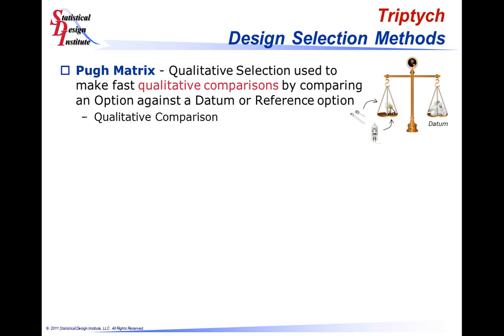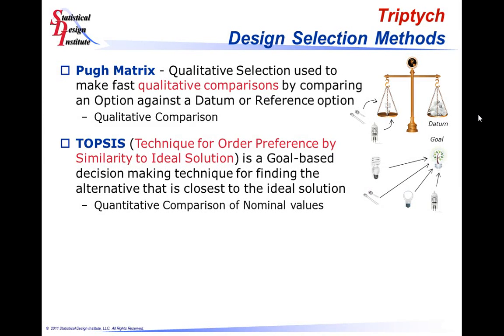Is it possibly better than the datum condition, or is it worse than the datum condition? And we'll perform these very general evaluations and then summarize the information to determine what may be a preferred approach.